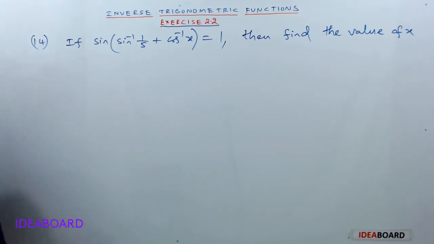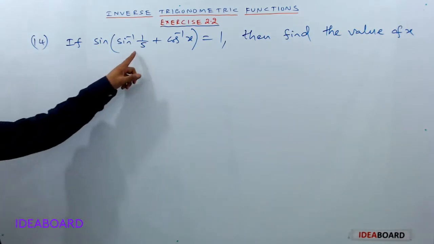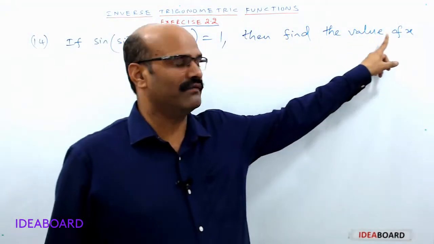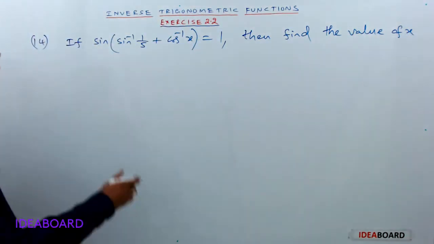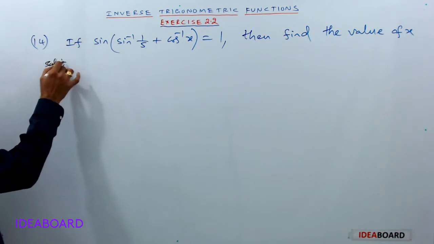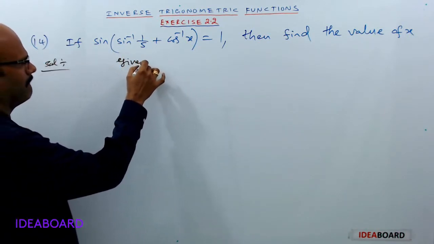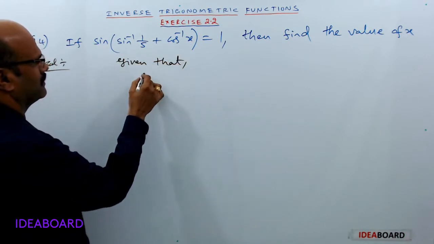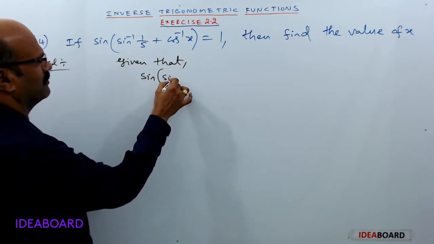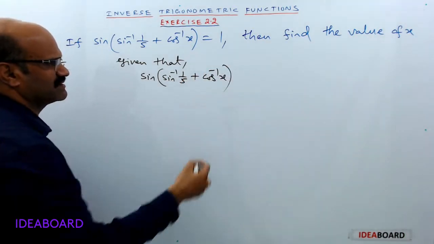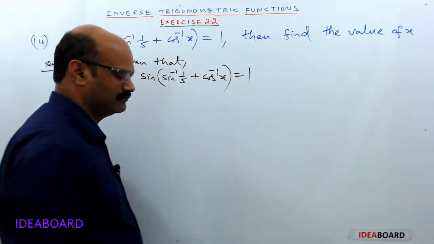If sin inverse of 1 by 5 plus cos inverse x equal to 1, then find the value of x. Solution. Given that sin inverse 1 by 5 plus cos inverse x equal to 1.